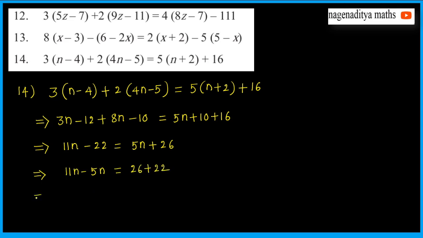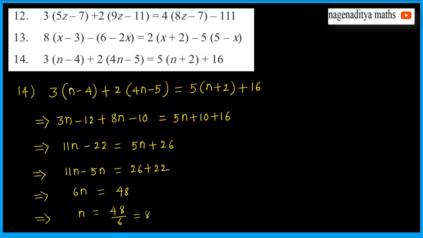So 11n minus 5n, that is equal to 6n. 6n is equal to 48. So this implies n is equal to 48 by 6. So that is equal to 8.